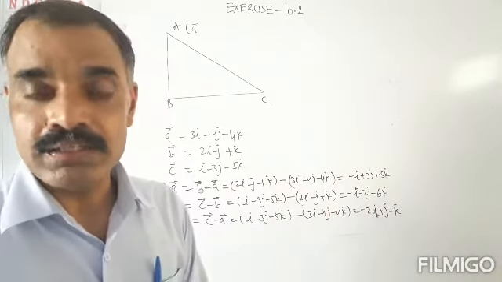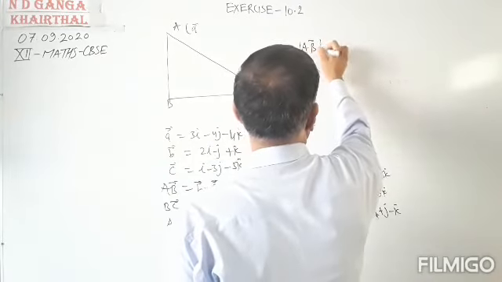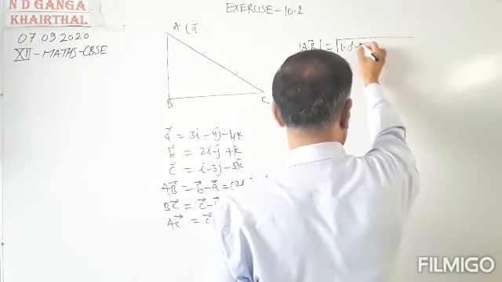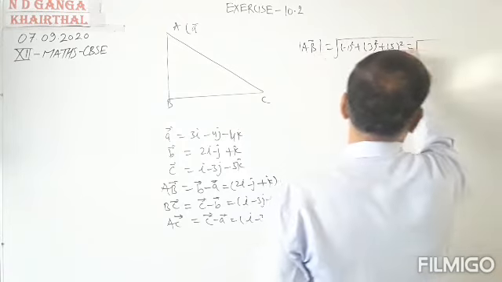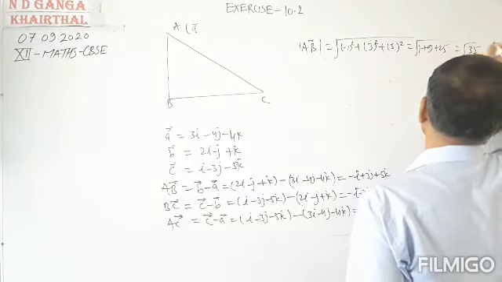Now we will find the magnitudes of these three sides. The magnitude of AB vector is equal to under root of minus 1 square plus 3 square plus 5 square, equals 1 plus 9 plus 25, that is under root 35.